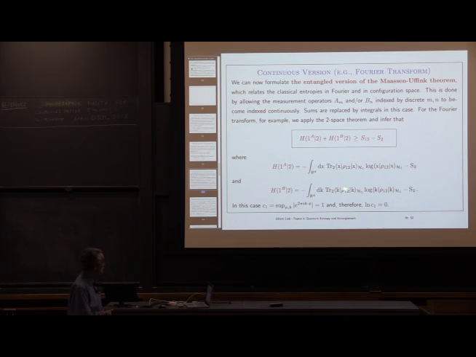And I'm doing the same thing in Fourier space, with the same rho, and comparing these two kinds of entropies. And the theorem is that this is bigger than the quantum conditional entropy.